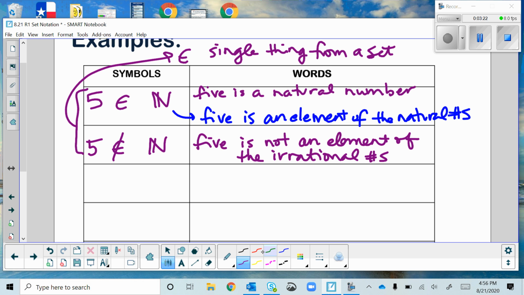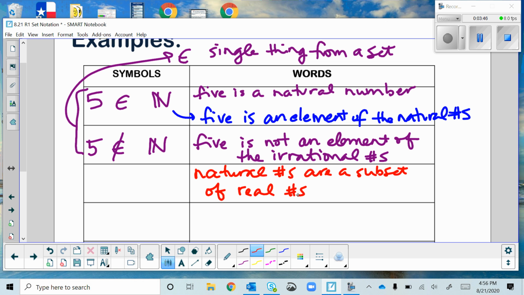So let's say we were trying to say that the natural numbers are a subset of real numbers. Subset means a group that's contained entirely in a bigger group.